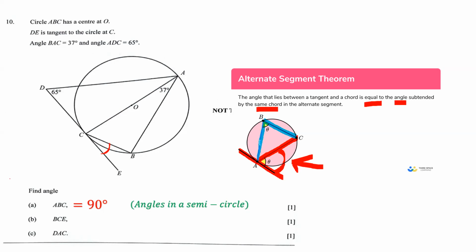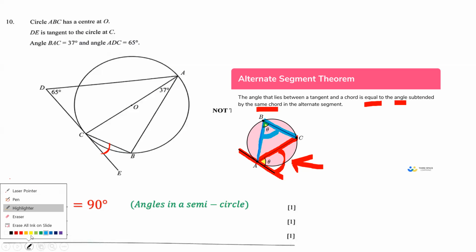And so this angle and this angle are going to be the same. And that's what that theorem says. If we have a tangent line and a chord, the angle between them is going to be equal to the angle subtended by the same chord in the alternate segment. Okay, so let's apply the same rule here.